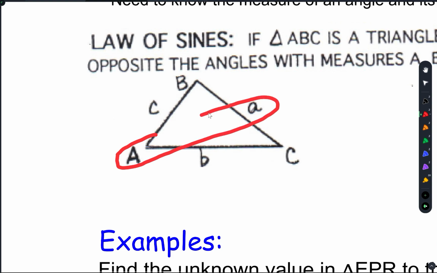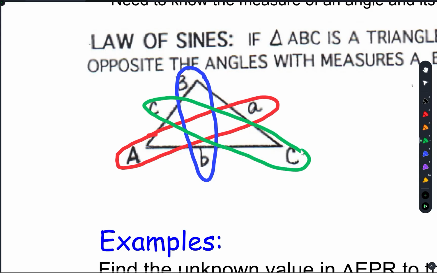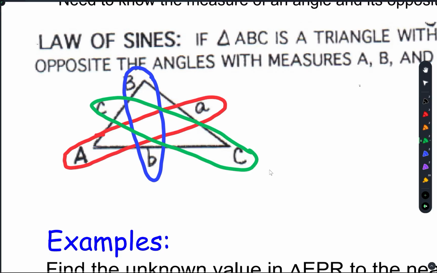And lowercase letters refer to sides, so that's little a. So they are across from each other. Angle B is across from side B. Angle C is across from side C. Capital letters, angles, lowercase letters, sides.